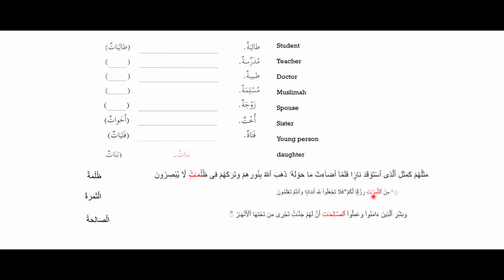The second one is samaratin. Again, this is plural. How do I know? I see atin here. The singular is samaratun. And then solihatin, solihatun, as-solihatu. If you wish, you can also look through the Quran and find these plurals as we have done with sound masculine plurals, and that will build up your practice.